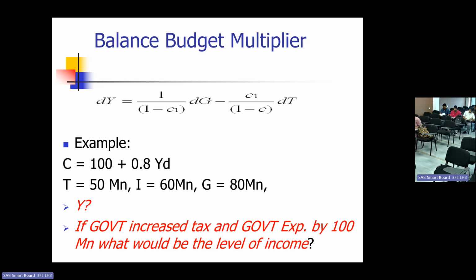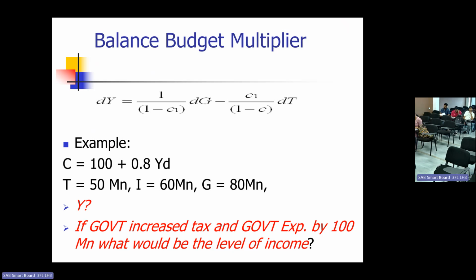Then what if the government raises taxes by 100 million and the expenditure by 100 million? What would be the level of income? So the government raised taxes and the expenditure by 100 million at the same time.